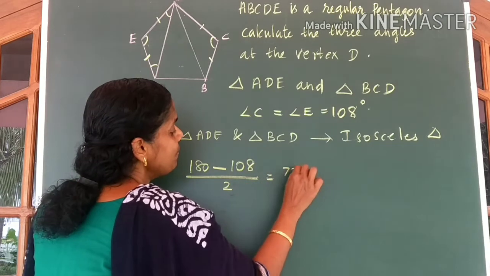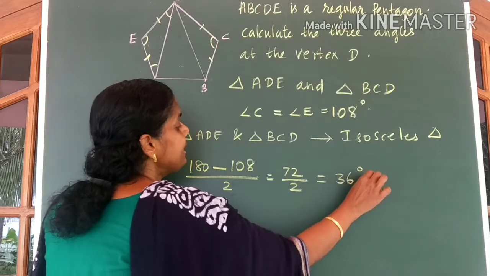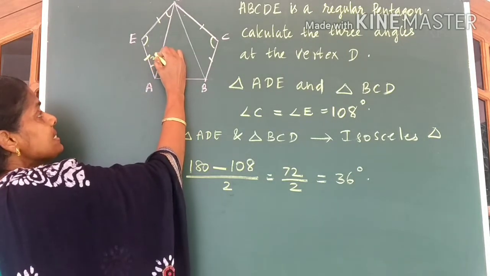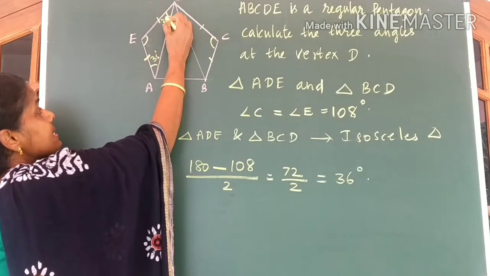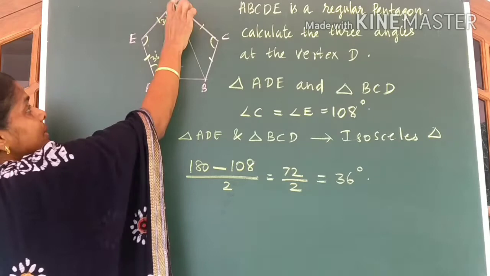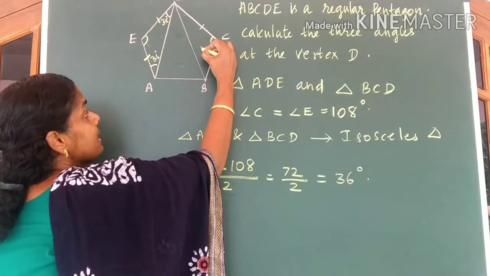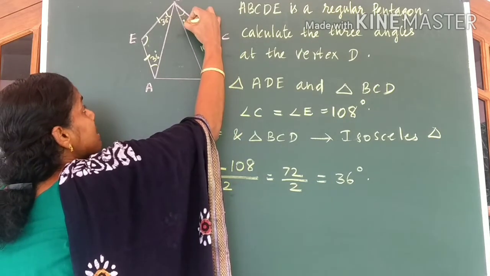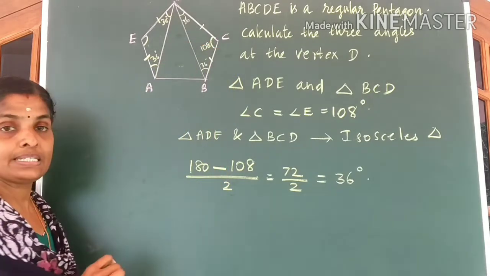That gives you 72 by 2 which is equal to 36 degree. Clear? So you got 36 degree here and also 36 degree at the vertex D. In a similar way, we can say this angle is 108. Therefore, these base angles are 36 degree and 36 degree.